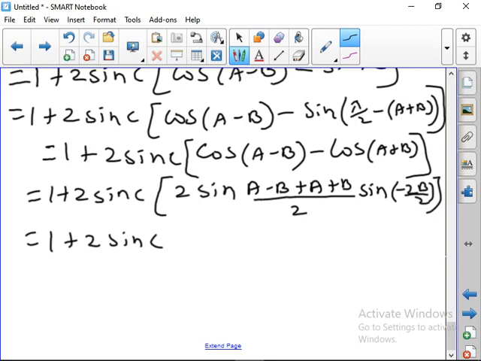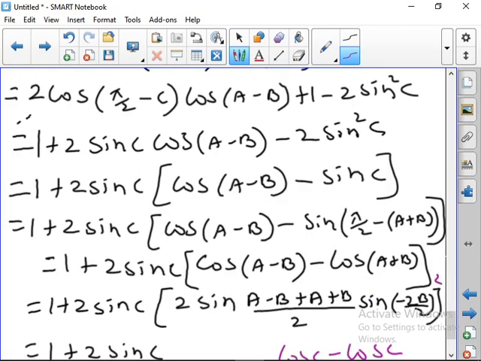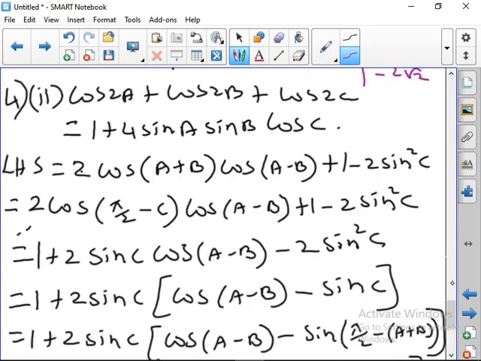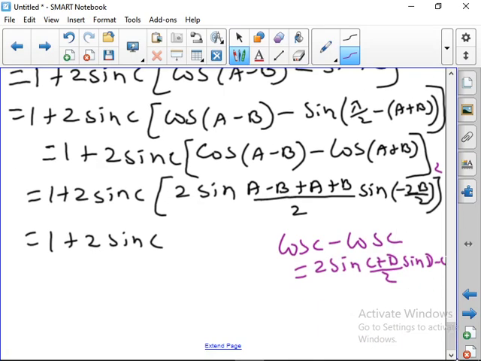Okay, it is cos C minus cos D. What is cos C minus cos D? What is the formula? Do you remember? 2 sin C plus D by 2 and sin D minus C by 2. So it changes there. Okay, D minus C by 2.